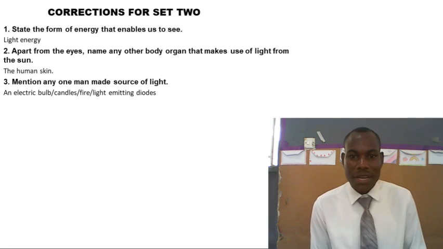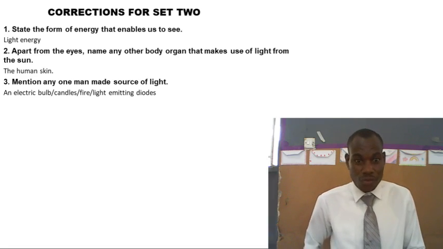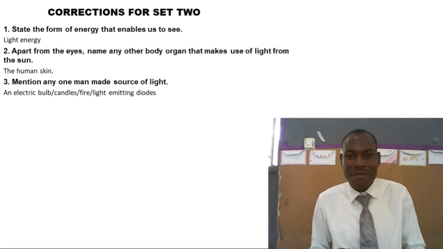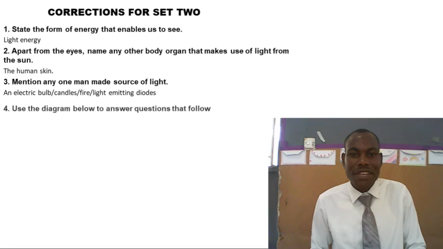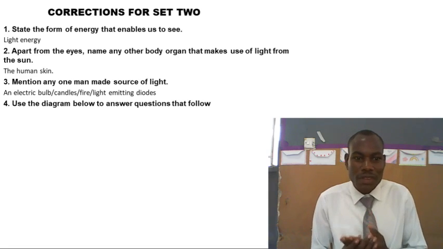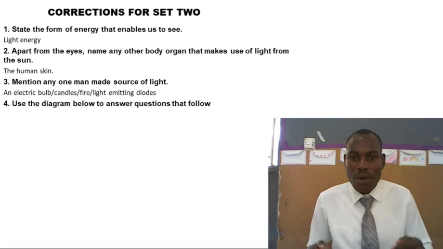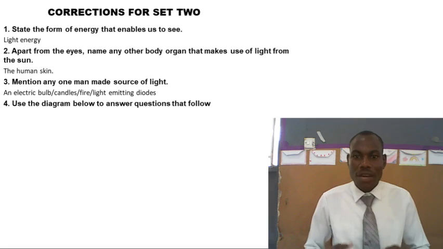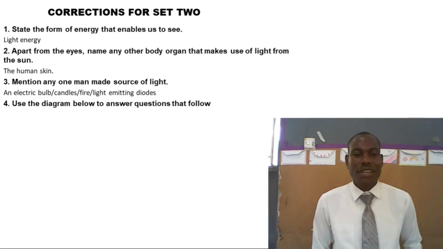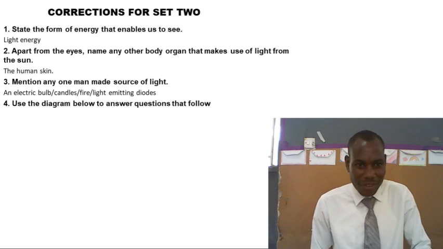Fire, you get firewood and then you burn, producing that fire. That is man-made. We have light-emitting diodes, which are used in some bulbs to produce the light. So when we talk about man-made sources of light, I want you to know electric bulbs, candles, fire, and light-emitting diodes. Thank you very much.